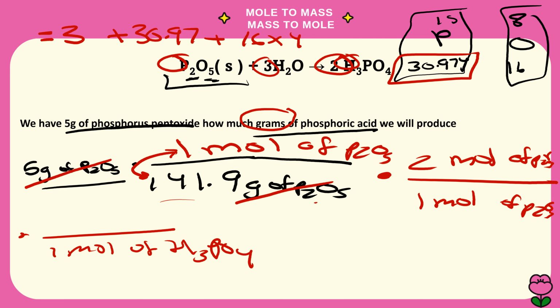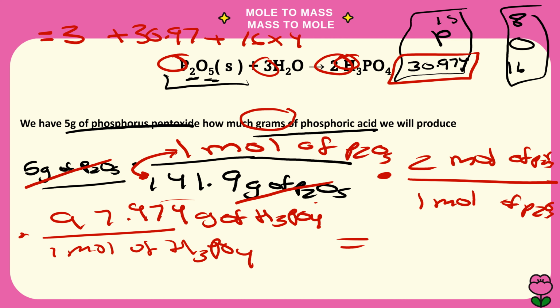Using your calculator, it gives you an answer of 97.974 grams of phosphoric acid. We would put all of those numbers in our calculator.